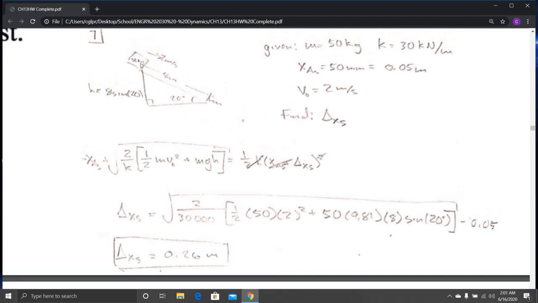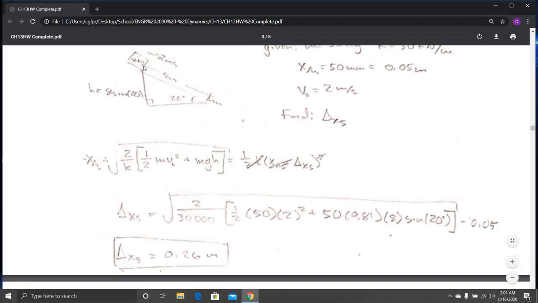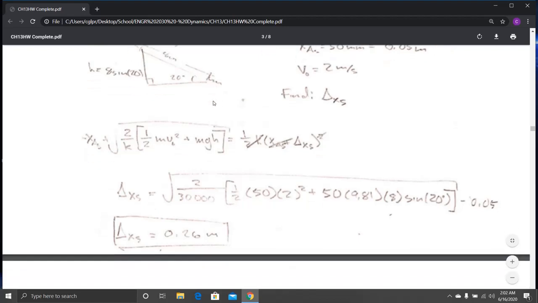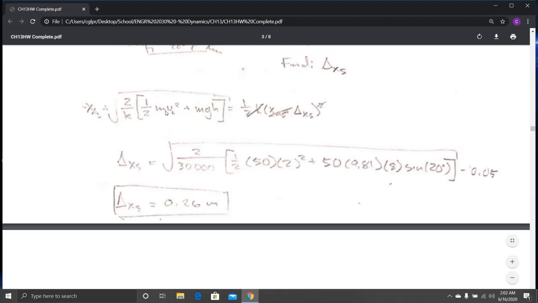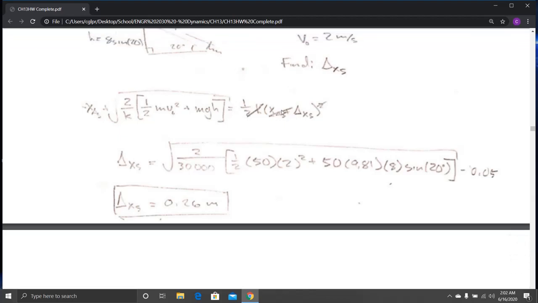I realize that the kinetic energy plus the potential energy is going to be absorbed by the spring, which is this: kinetic plus potential equals the spring. Now in this situation, because it's already been compressed, it's going to be the amount that it's originally compressed plus the difference in the compression, which in this situation is delta x of the spring.